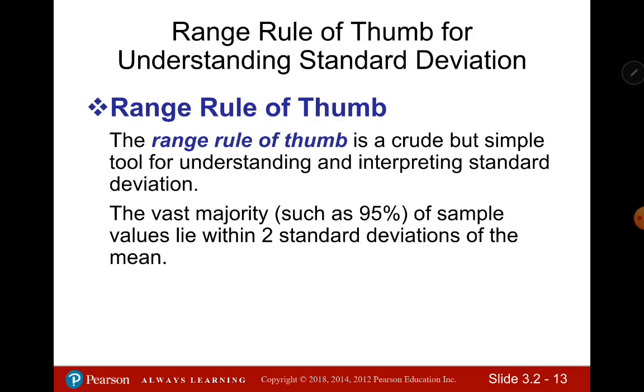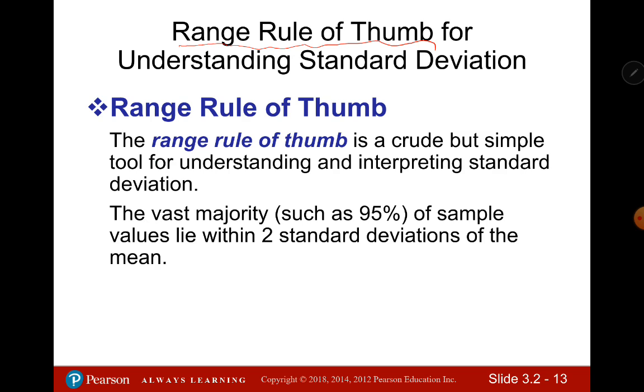Right? So why should we learn standard deviation? Because after we learn standard deviation, we can use a rule called the range rule of thumb. We will use this rule to help us understand the data.